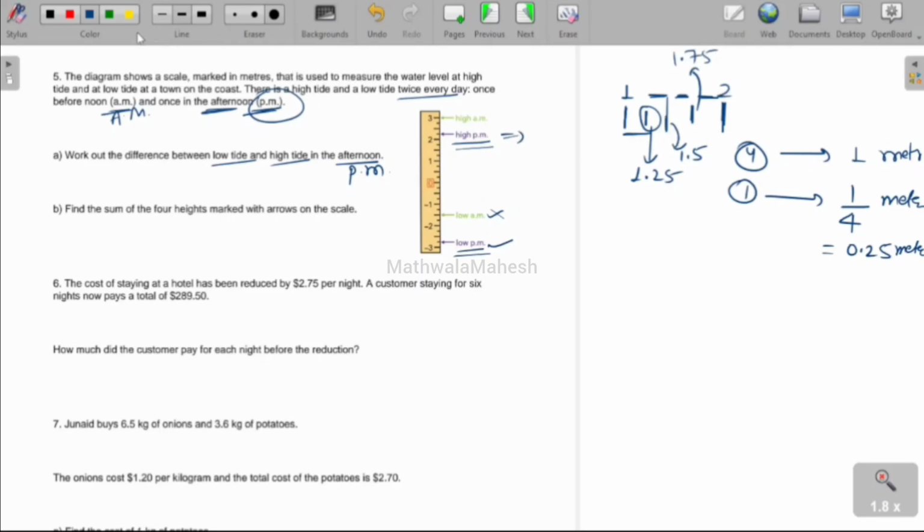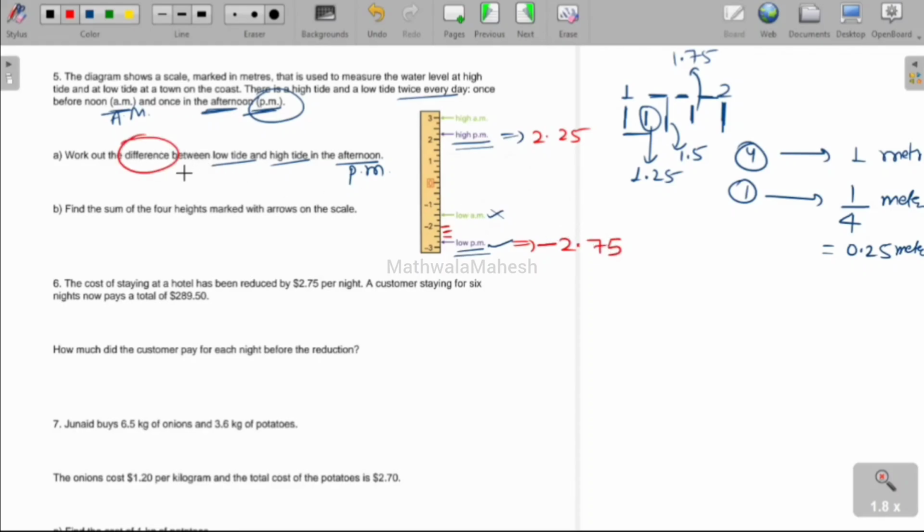So for the high PM, I will change the color. For the high PM, this is 2 and 0.25, which is 2.25. For the low PM, this one is minus 2, minus 2.25, minus 2.5, and low PM is minus 2.75.